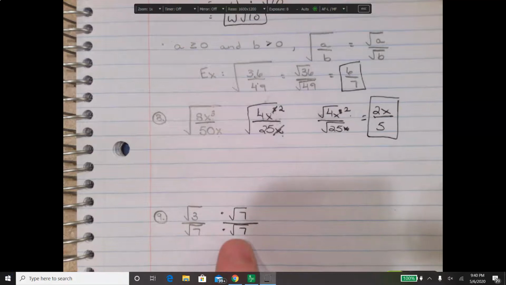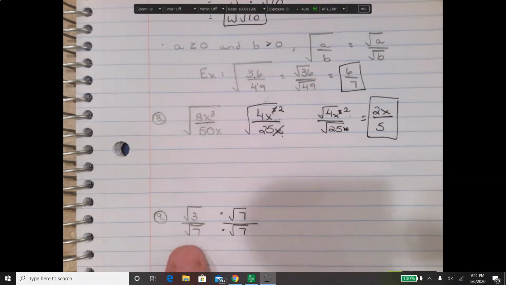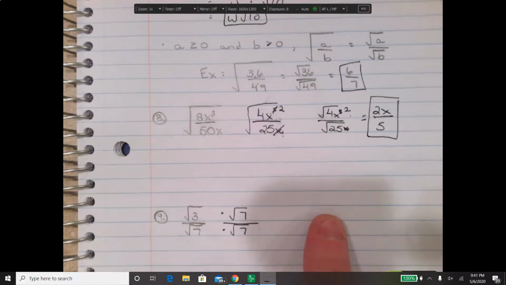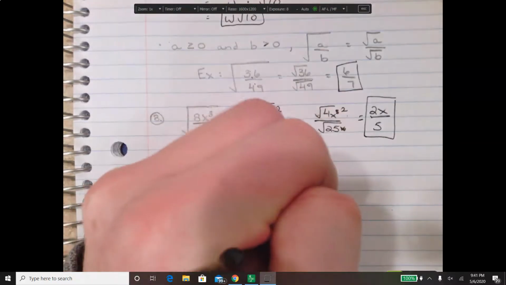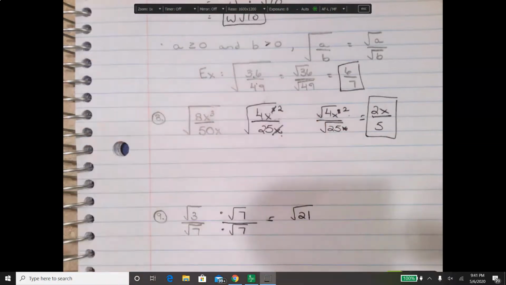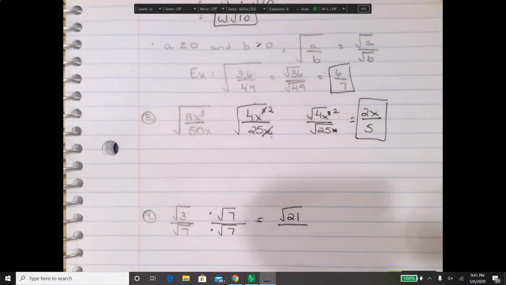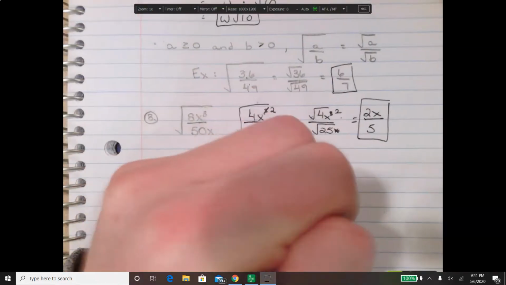Again, we're multiplying by the denominator, so we're multiplying by that radical 7. Let's multiply just like we would with two fractions. When we multiply fractions, we can multiply straight across. So we're going to have radical 3 times radical 7, which turns into radical 21, over radical 7 times radical 7, radical 49.